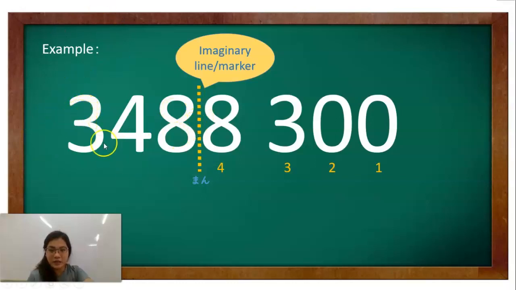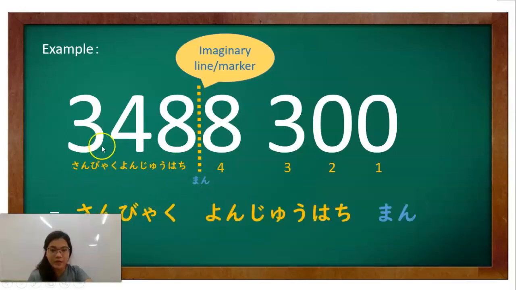So this is 348. Again, 300 is sanbyaku, 40 is yonjuu, and 8 is hachi. So 348 in Japanese is sanbyaku yonjuu hachi plus man. So that would be sanbyaku yonjuu hachi man.